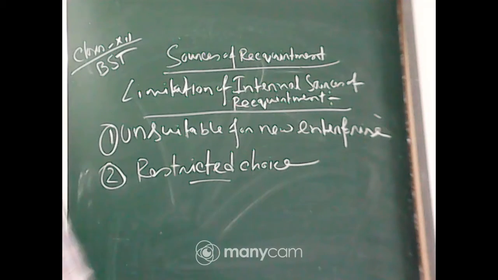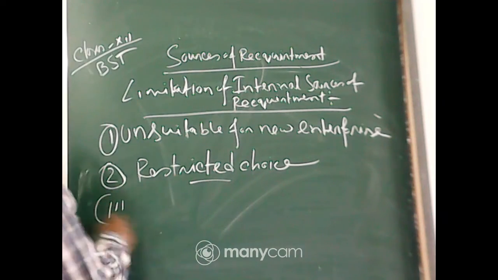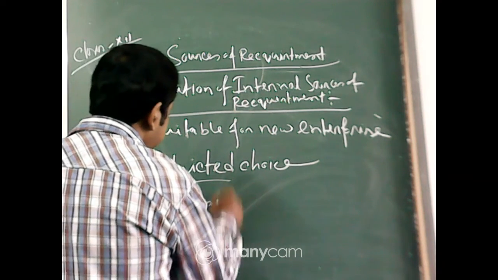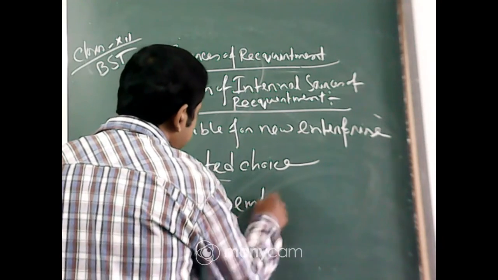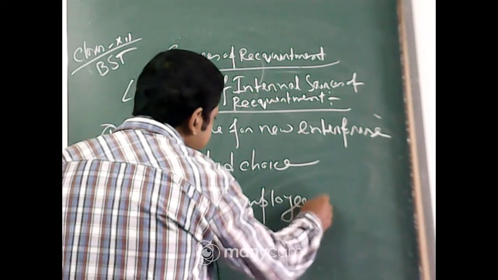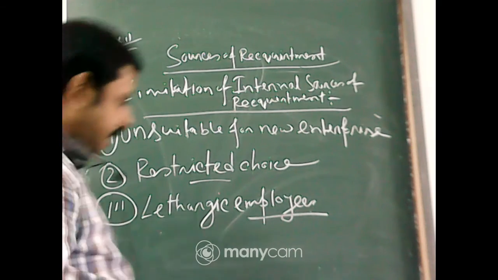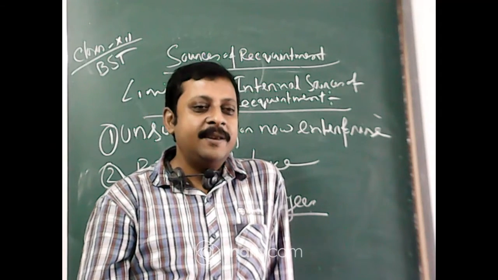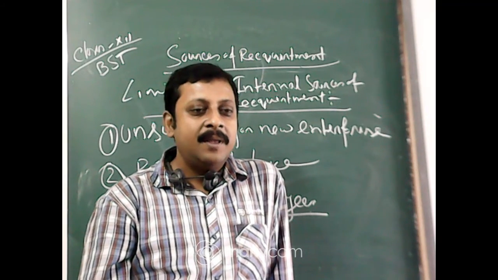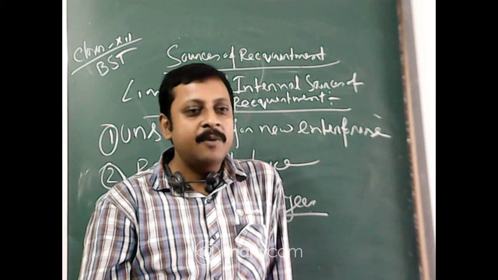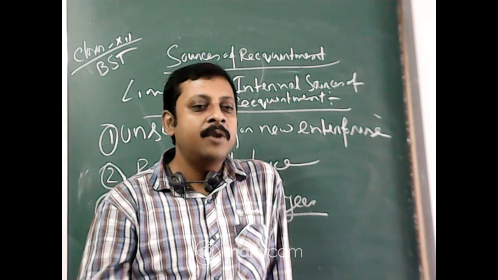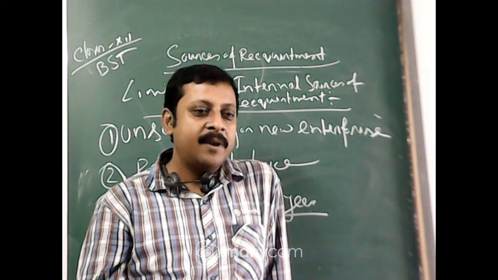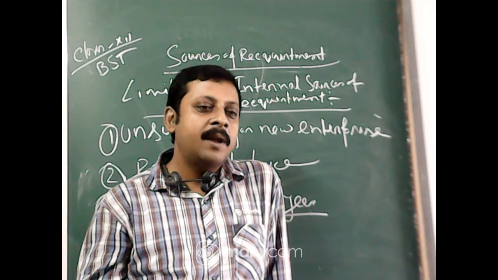Now number 3 is lethargic employees. What are lethargic employees? In government organizations, the employees are very lethargic. Why? Because they know that after 10 years, on a seniority basis, they will automatically be promoted to a new job position, whether they work or not.